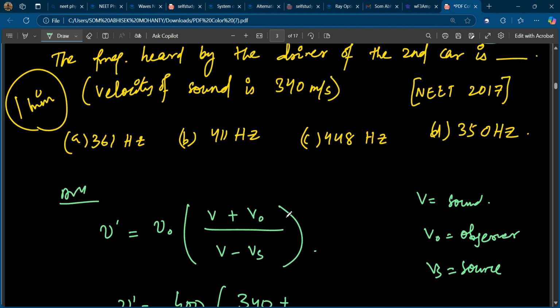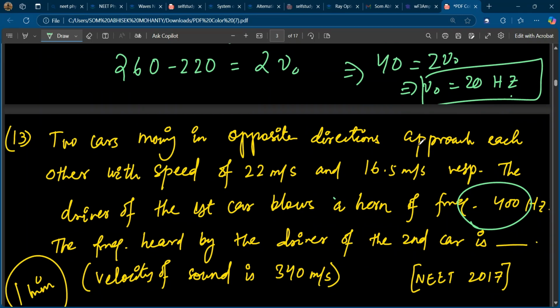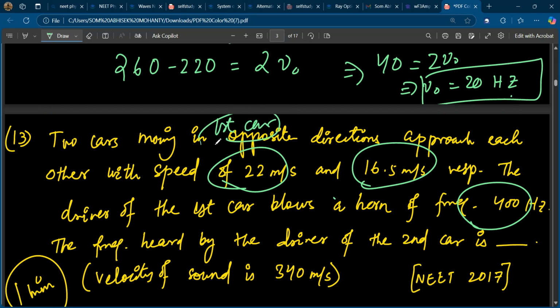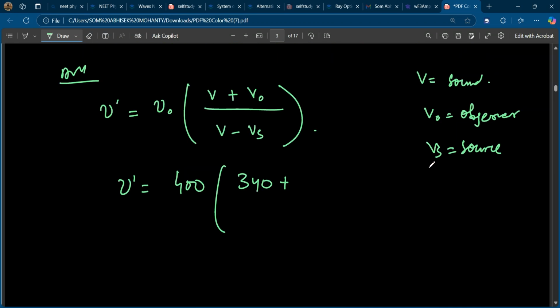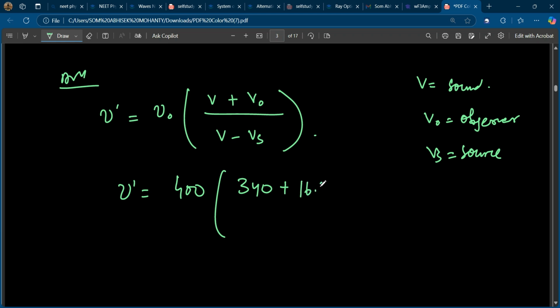V observer, what is that? The cars approach each other with these speeds. The first car is the source and the second one is the observer. So the observer is 16.5, right? So 340 plus 16.5 divided by 340 minus the source velocity, 22.